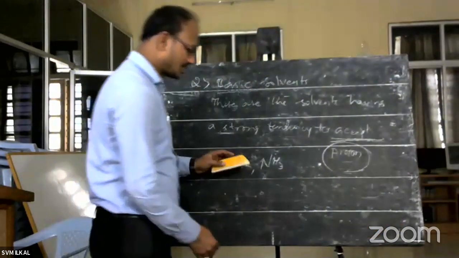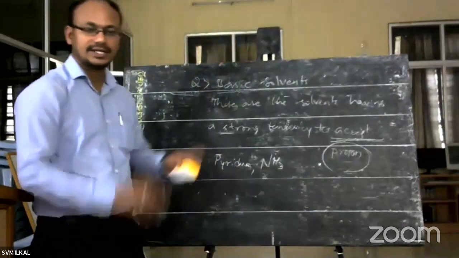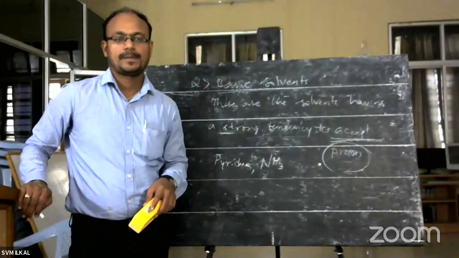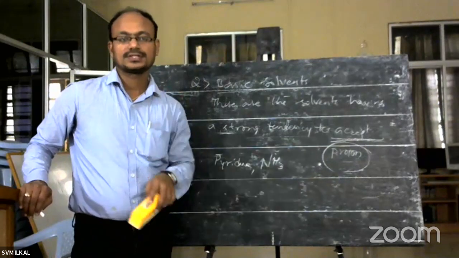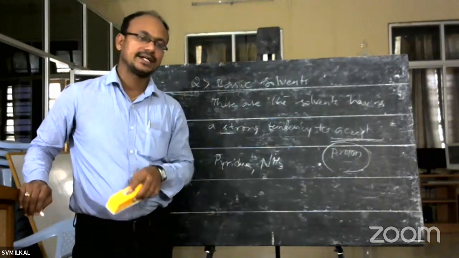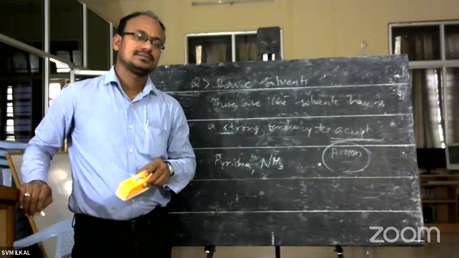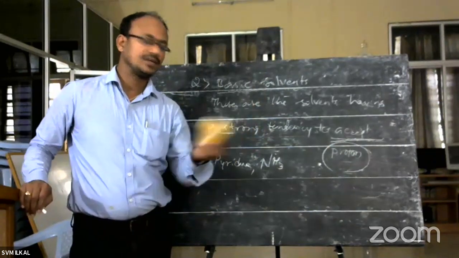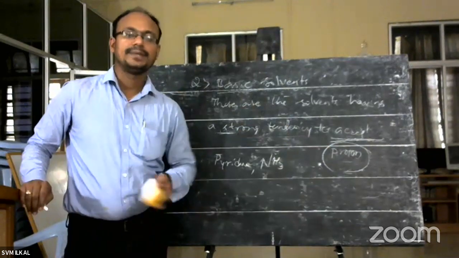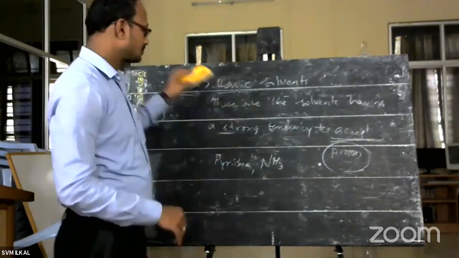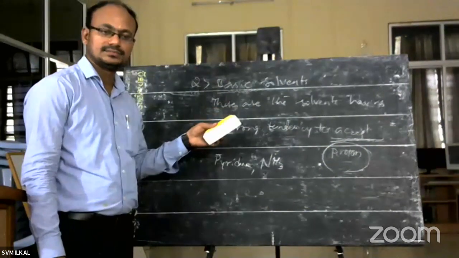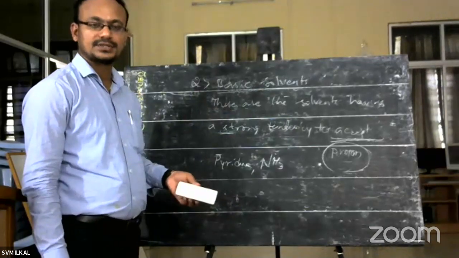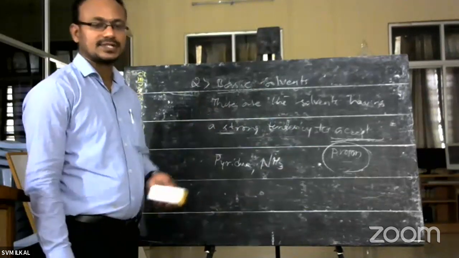For example, I have shown you the structure of ammonia is pyramidal, where one lone pair of electrons is available on the nitrogen atom. That can be given to the proton, so it can easily accept the proton. So that's why we categorize it under basic solvents. I hope everything I have talked about acidic and basic is clear for you now.